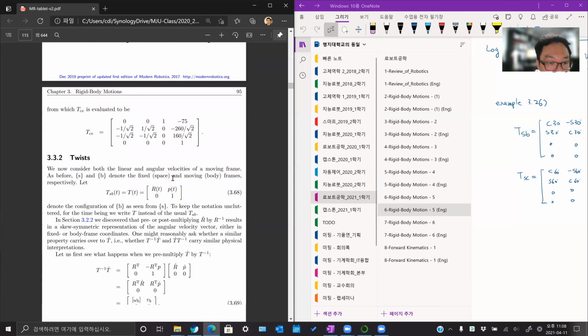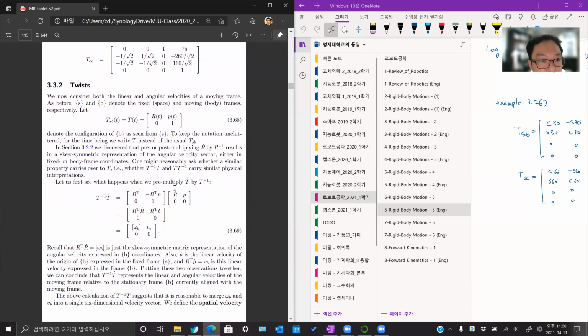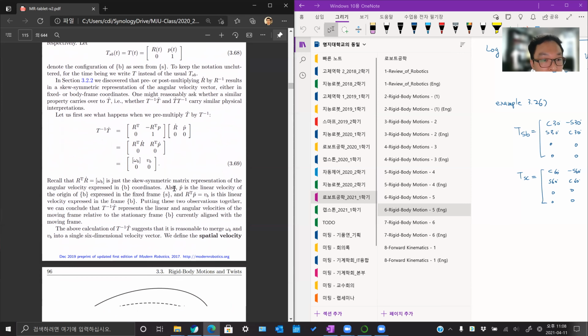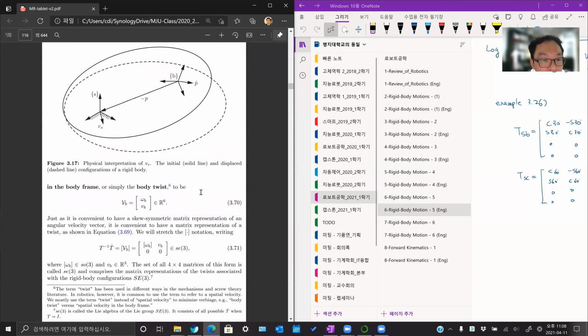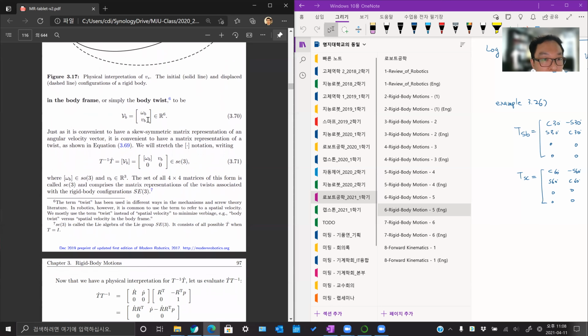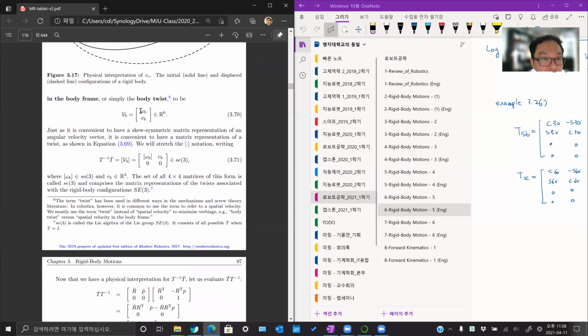Okay. Yeah, and then we learned about twist. Twist is very important concept. Twist is equal to spatial velocity. So we can describe the rotational velocity and angular velocity in the same matrix.